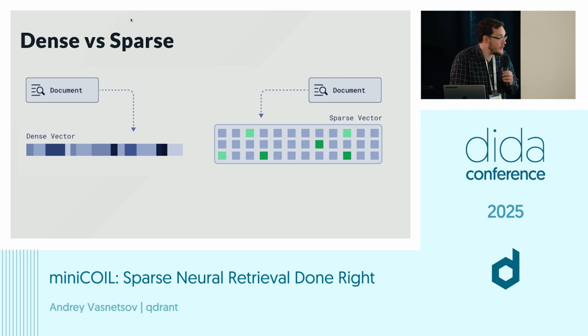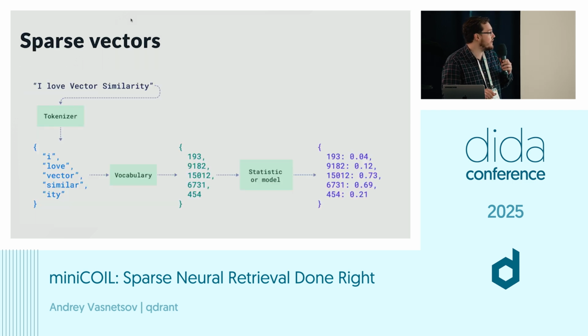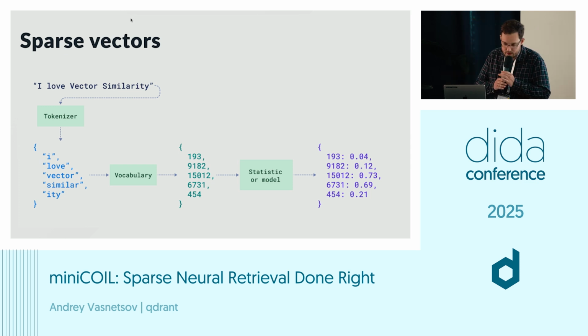To give you some intuition what it looks like, I have this slide here. It is not strictly universal representation of sparse embeddings. There are different models which can do it in a bit different way, but the idea is the following. You have a sentence, your document, your query, you tokenize it, then convert words into IDs, and some model or algorithm assigns weights to those IDs, and as a result you get this nice sparse vector.